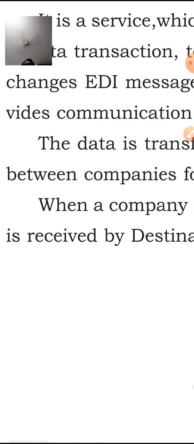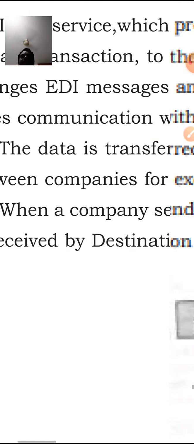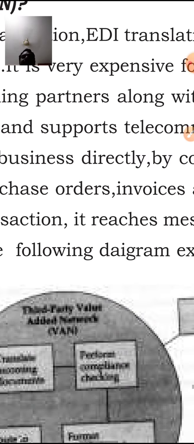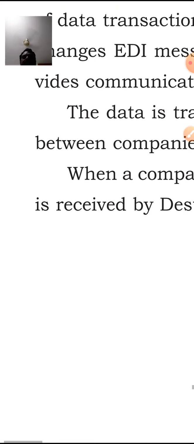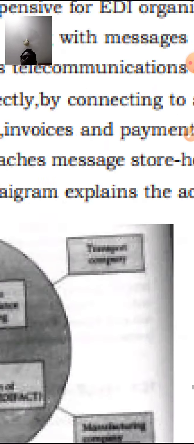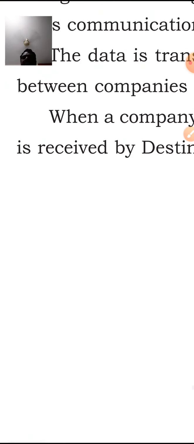In a company, many departments and many activities are there. So for all those activities in the online business scenario, the VAN acts like a mediator. When a company sends an EDI transaction, it reaches the message storehouse on the VAN, which is then received by the destination company.